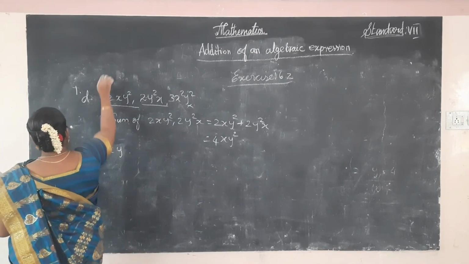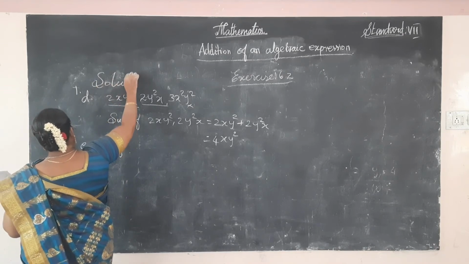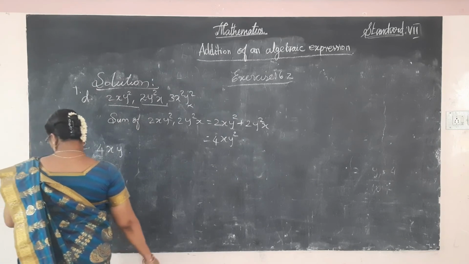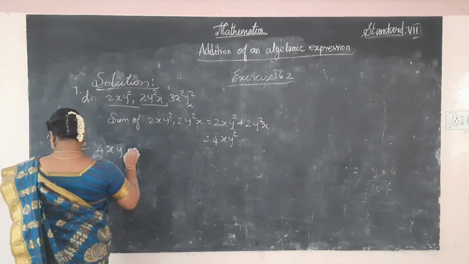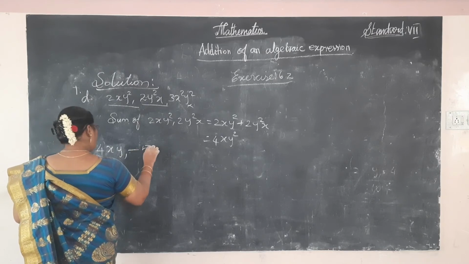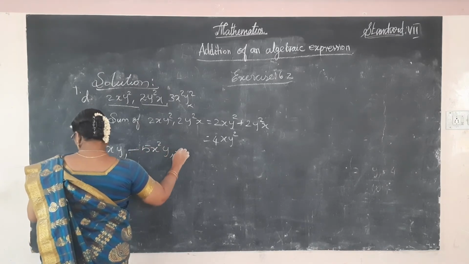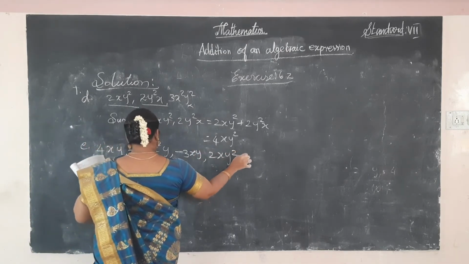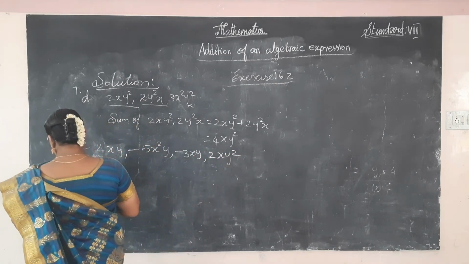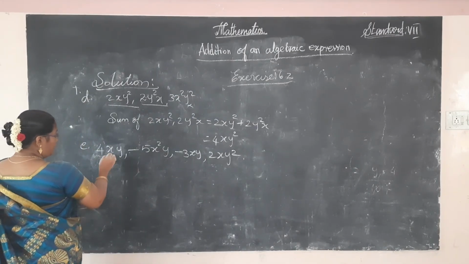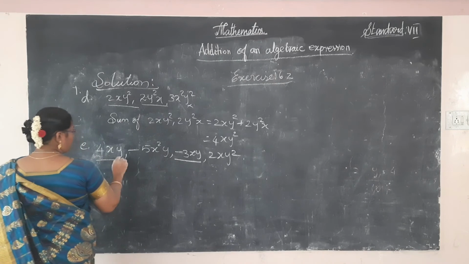And E problem: 4xy, minus 5x squared y, minus 3xy, 2xy squared. What are the like terms here? Here xy, and here also the xy term is there.